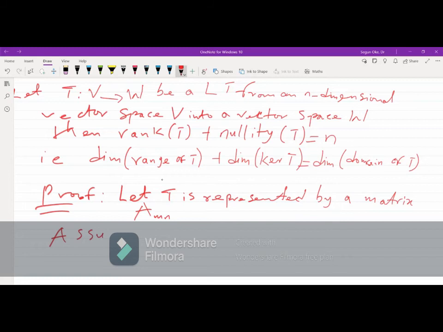Assume our rank of A is equal to small r. Now, we need to prove Roman figure 1.